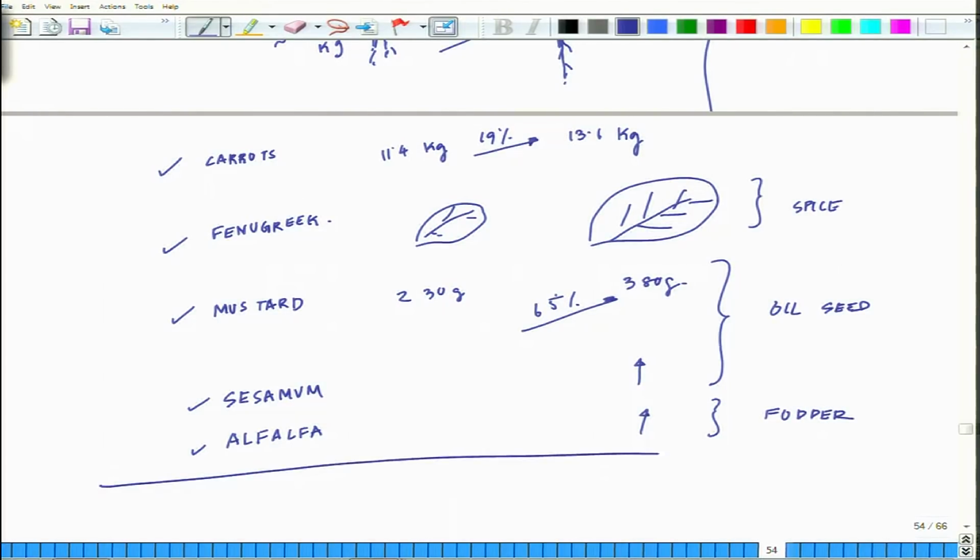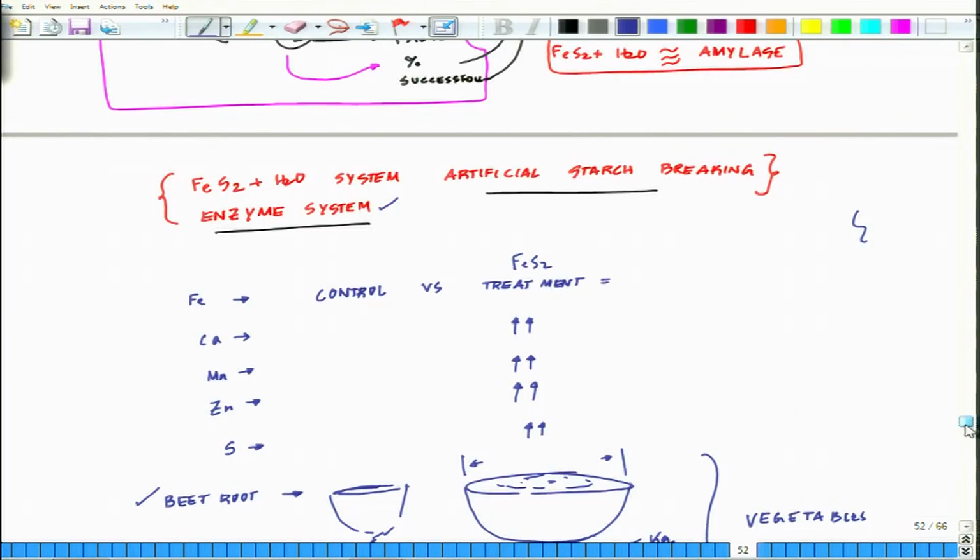So, these are the ranges of crops which have been already tried out, and it has been observed in the field trials, and this is the data we are talking from the field trials. These field trials have clearly shown that nano FeS2 application is improving the yield just by simple seed treatment.